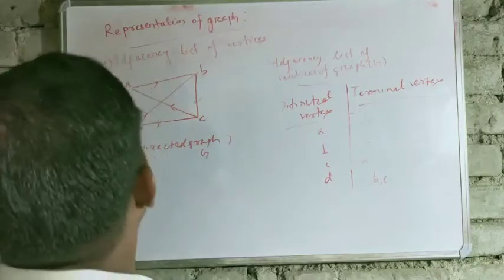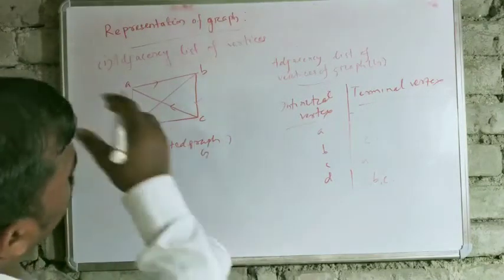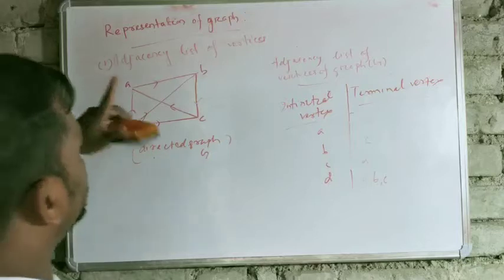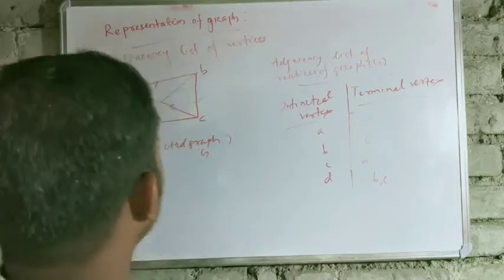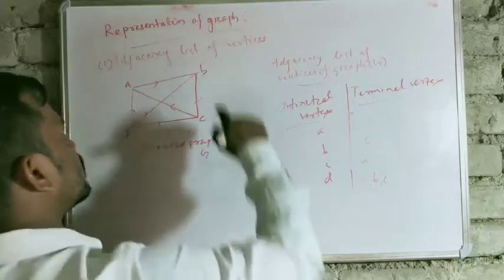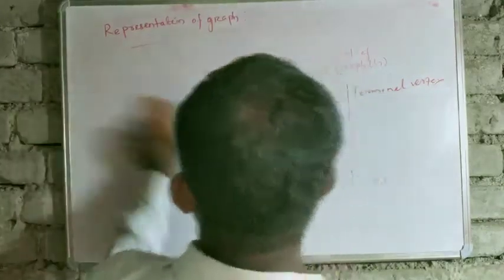Now we'll go to the second way of representing a graph, that is your adjacency matrix.